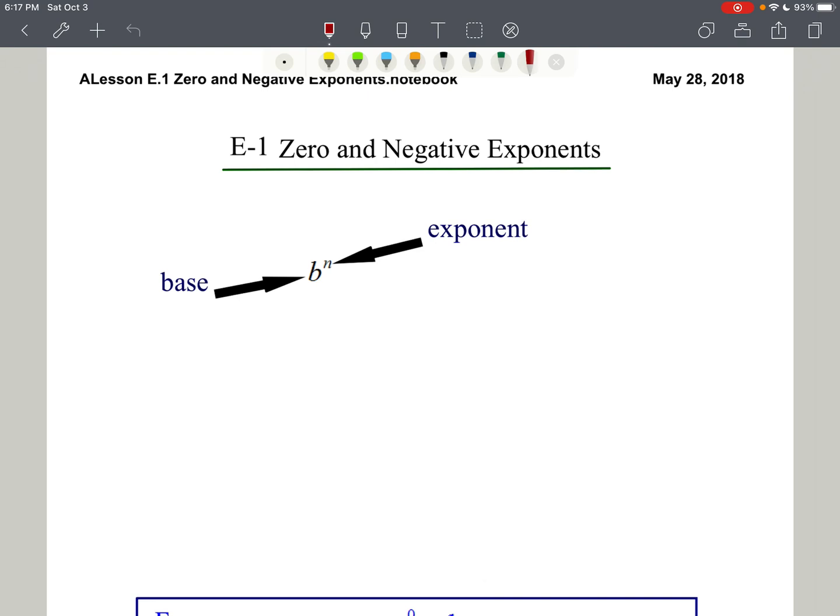So it's important for us to know that we have a base raised to an exponent. And that exponent tells us how many times we are going to multiply the base times itself.